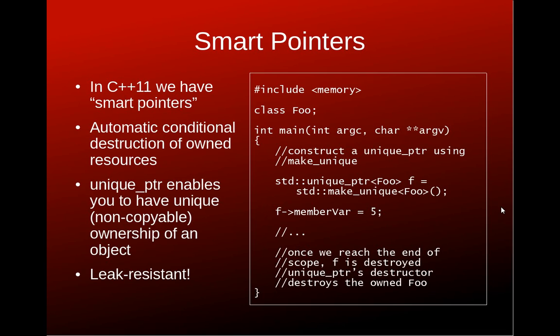So it's a lot less likely that we're going to forget to free that memory. So this is leak resistant, as I say. It is not totally invulnerable to leaks, as we will talk about later. You can still have situations where there are leaks with unique pointer and shared pointer, but these situations are rare.